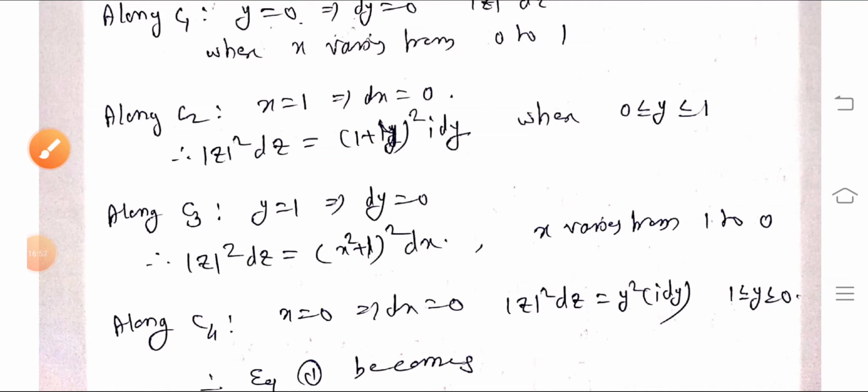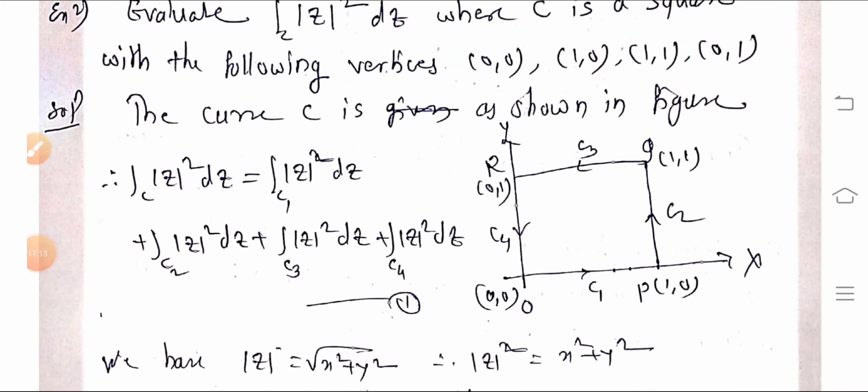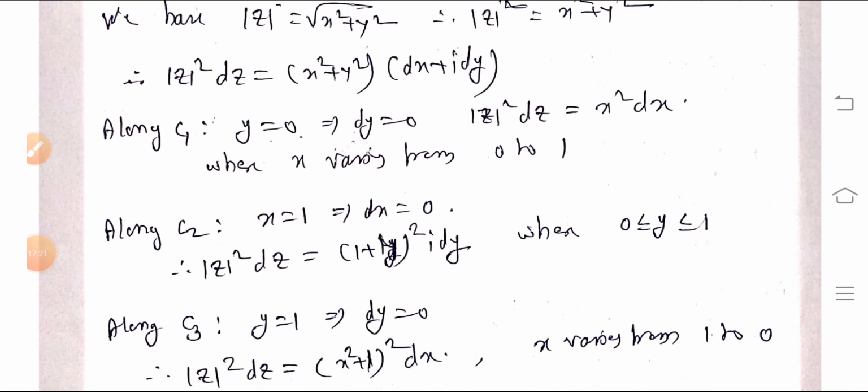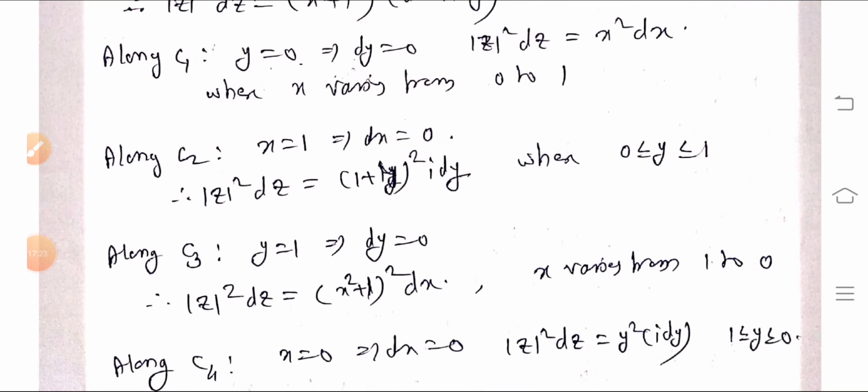And along C3, y equal to 1, so dy is 0. Therefore mod z square dz equals x square plus 1 whole square dx. Here along C3, that is Q to R, y equal to 1, dy equal to 0.